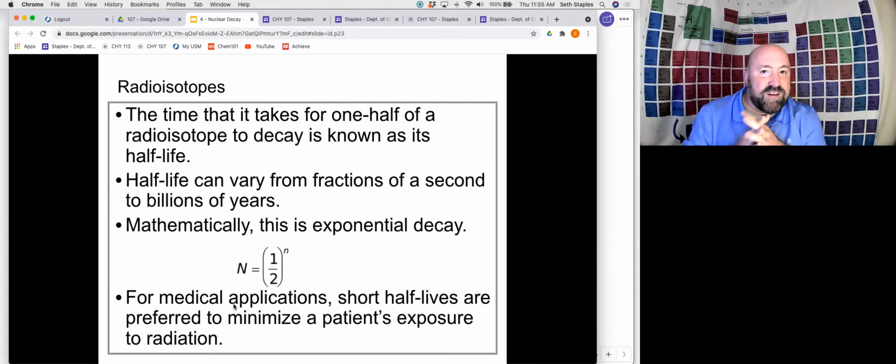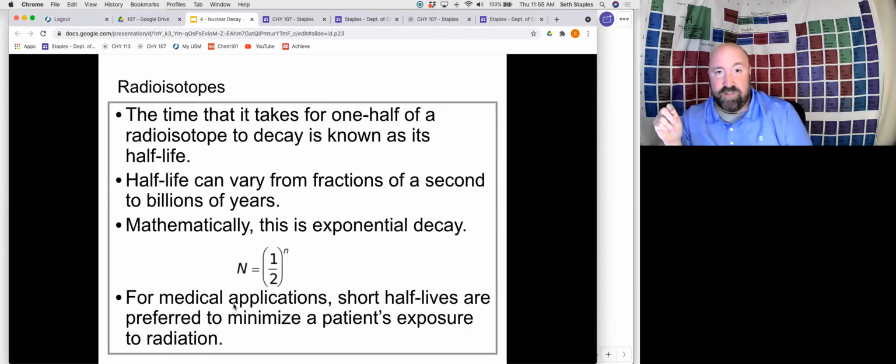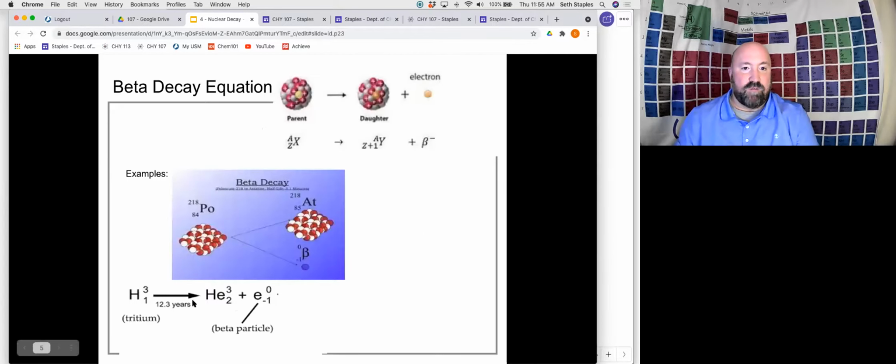Then there's the time that it takes for it to occur, if you've maybe heard of half-life. Half-life is the amount of time, if you have a certain sample of a certain number of these nuclei, that it takes for half of these to decay through that process. So when we're looking at these numbers here, this 12.3 years, for instance, that's our half-life.